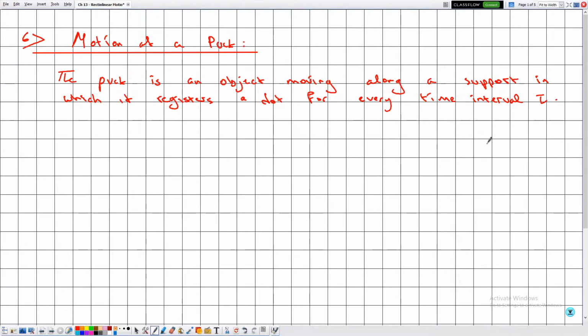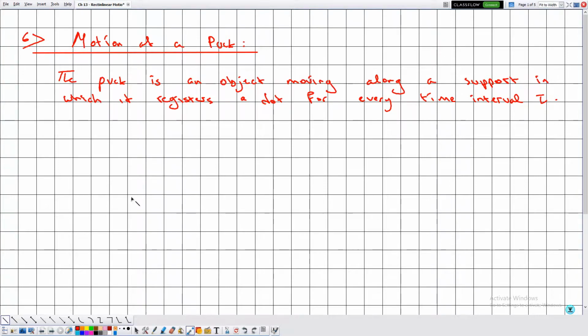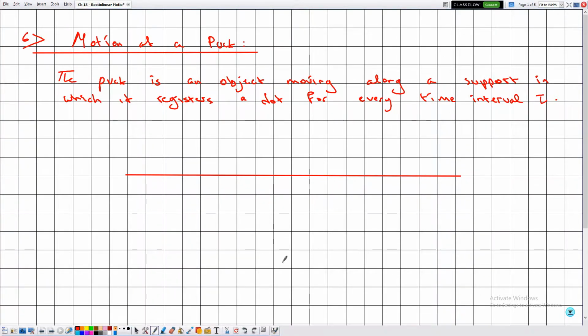Okay, so let me say that this is the x-axis, and this is the origin. So the puck starts from here, and these dots, let me say without mentioning the origin, are the registrations of the puck.